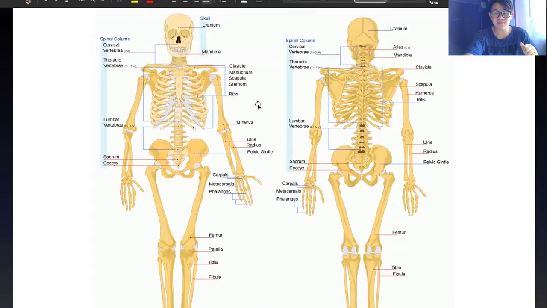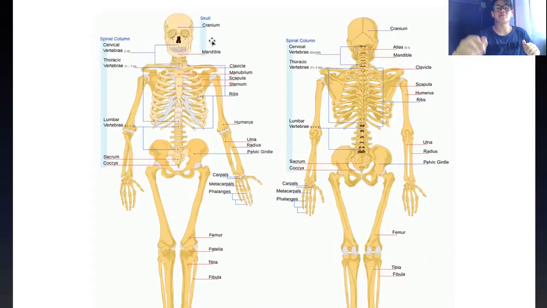We've discussed this before, right? So we've looked at the cranium, we've looked at the mandible, we've looked at our vertebrae. Our vertebrae is our vertebral column, our spine, right? And we've also looked at your clavicle. So this is your clavicle, right?